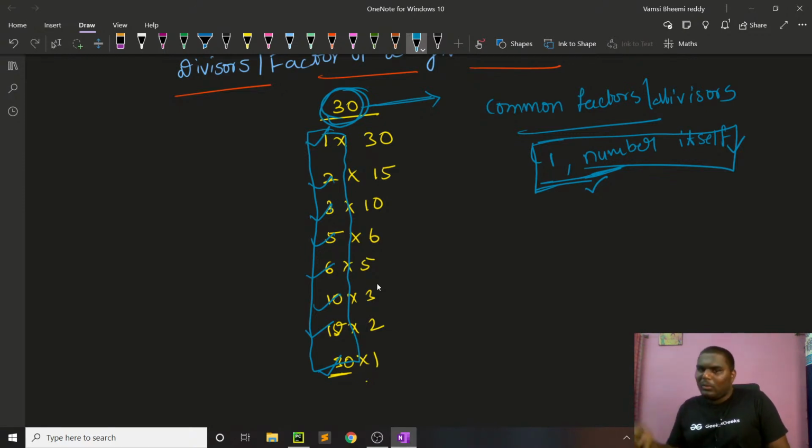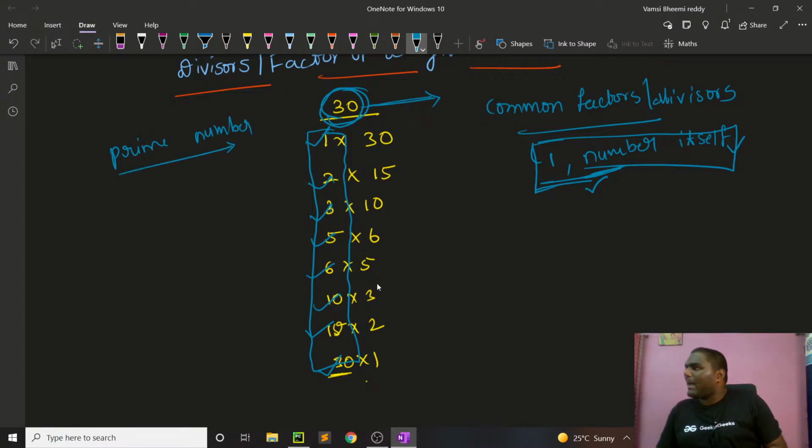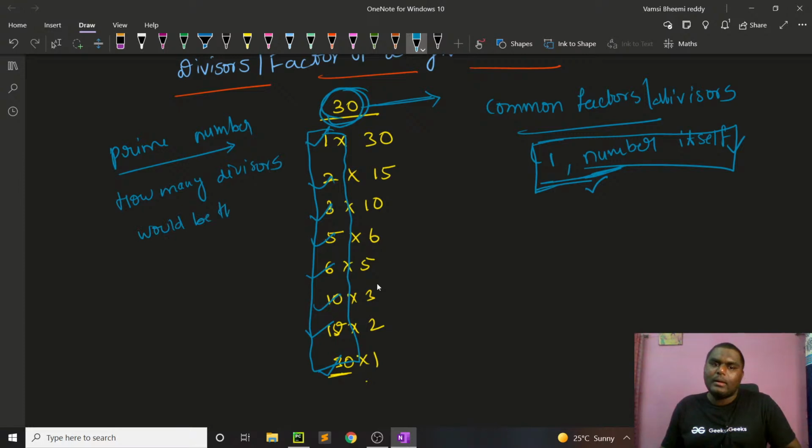Infinite? How? Now tell me, for a prime number, how many divisors will there be at max? It depends on the user input, how many divisors she wants.